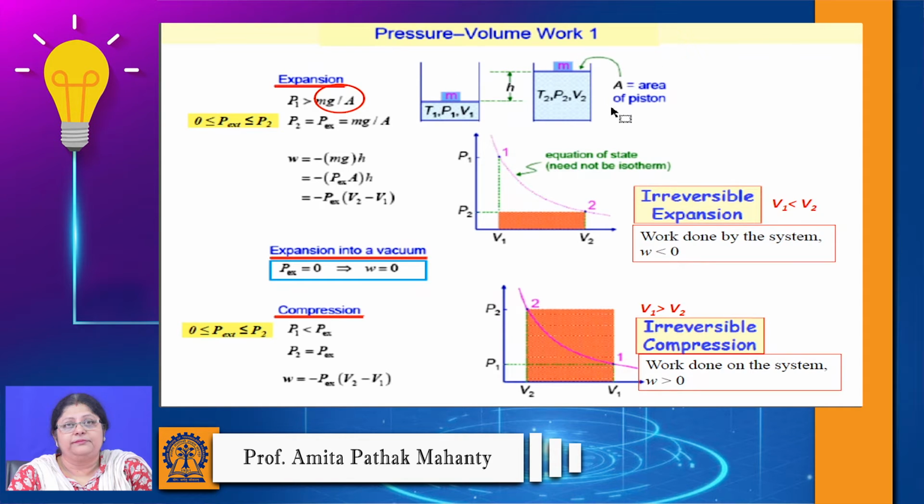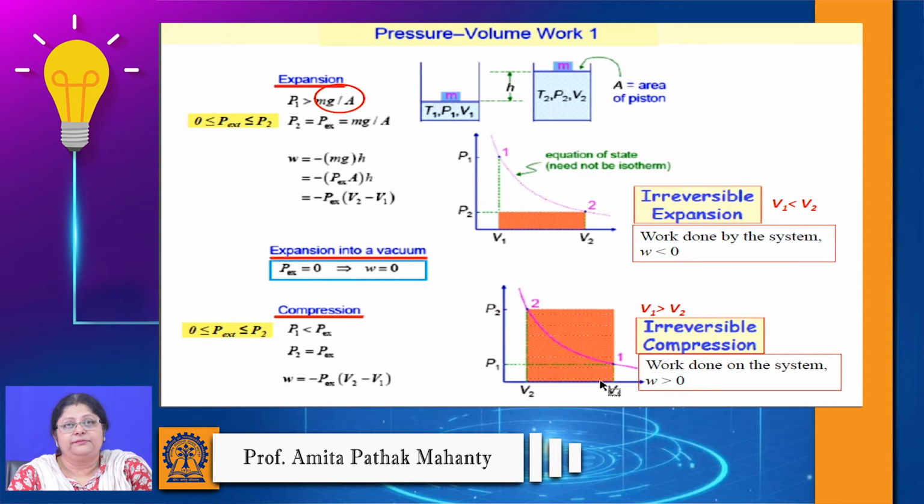This is only for the expansion process, but you can imagine compression is very similar. Here this would have been P1, V1, T1, and this would have been P2, V2, T2. It will come to a position where P2 will be equal to the pressure exerted by the sandbag sitting on the lid. That means mg by A will be equal to P1. So that is how we visualize that.